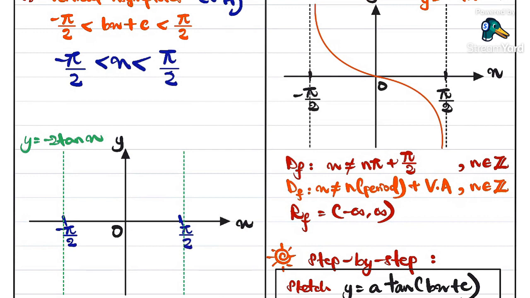This is my gate. Remember, you must draw your gate first. This is the beginning of the gate, and this is the end of the gate, from the smallest to the biggest. You draw the gate first, and then you label everything: x-axis, y-axis. Please do that, don't skip that.